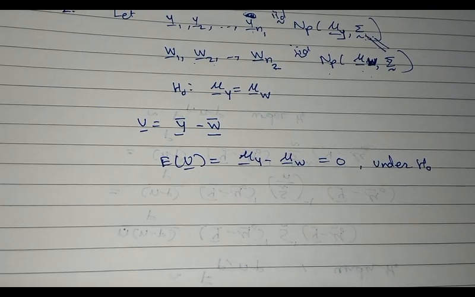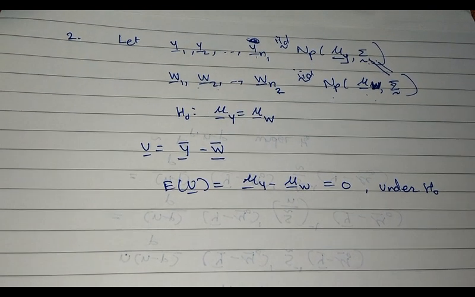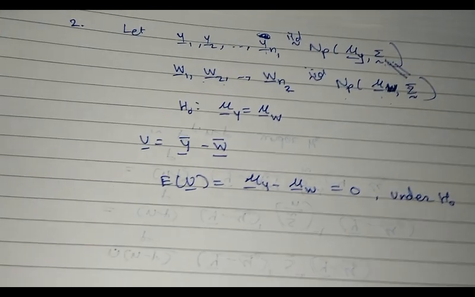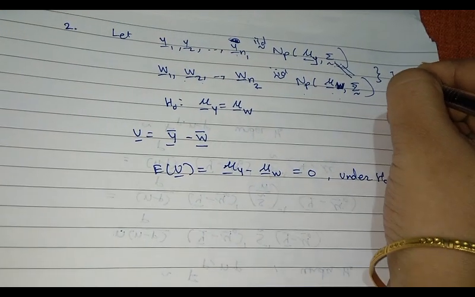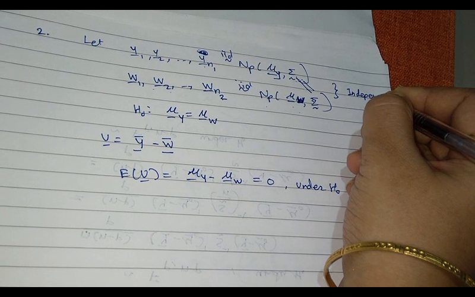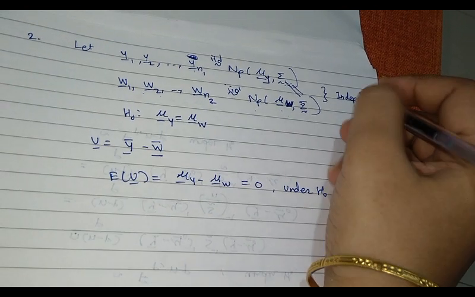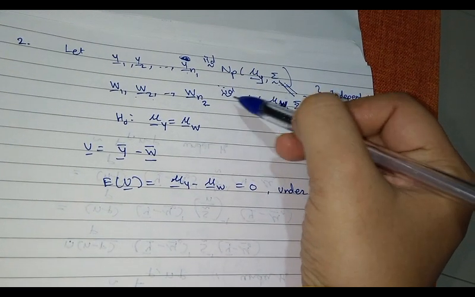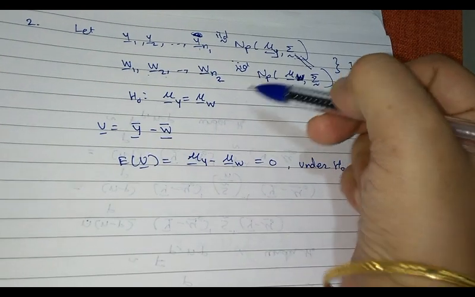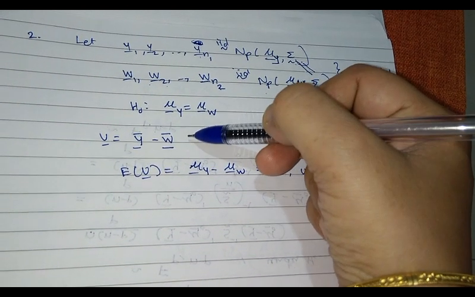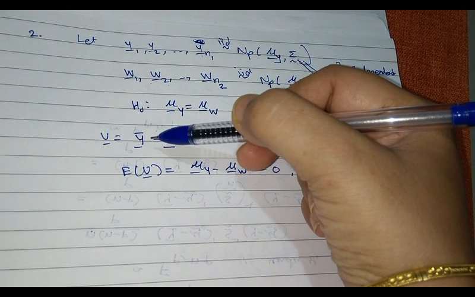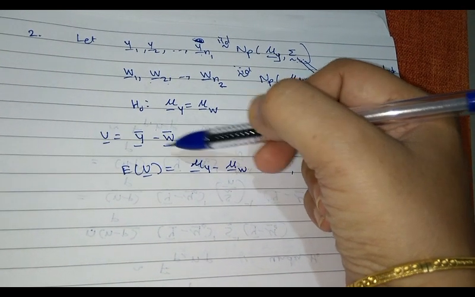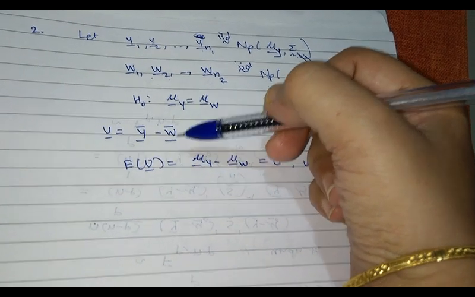So if I want to say something about the distribution of y bar minus w bar, I will need to assume that these two are independent. But we can assume that. If I have two independent populations, then their sample means are also independent, and hence the linear combination of two independent normals would again be normal.